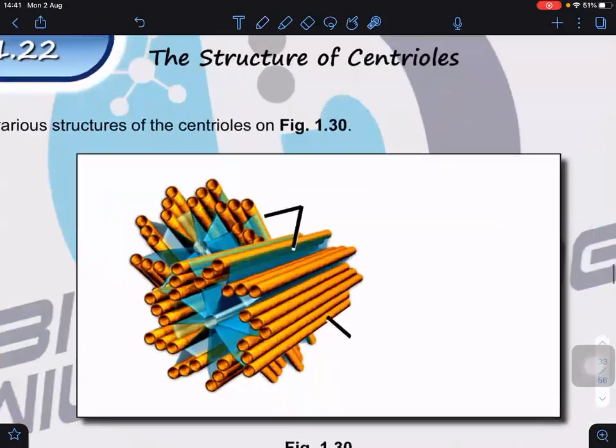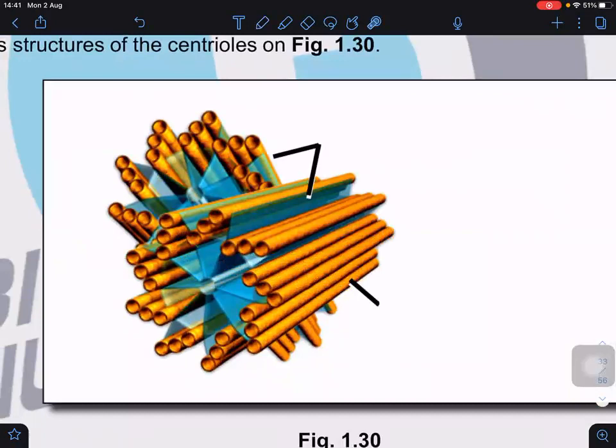So if you look at the diagram here, you realize that in this case, 1, 2, 3. Can you see that? 1, 2, 3. This is one triplet. Okay, use another color, maybe red. This is one triplet. So 2 triplets, 3, 4, 5, 6, 7, 8, 9. 9 of them.